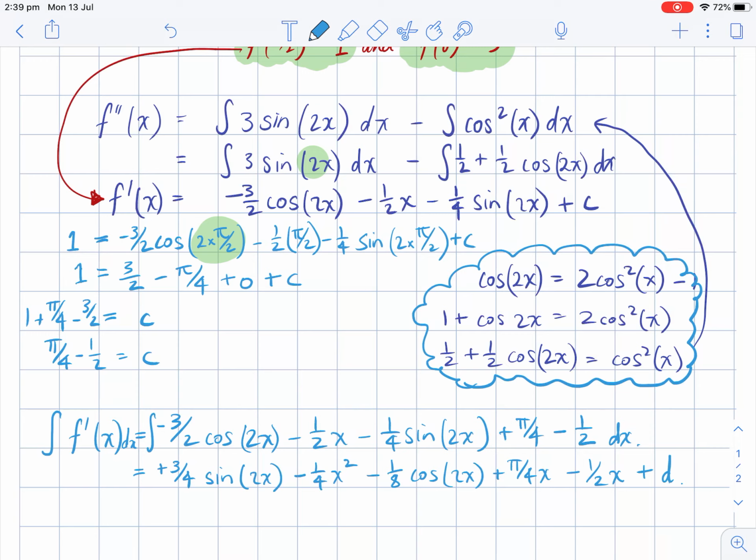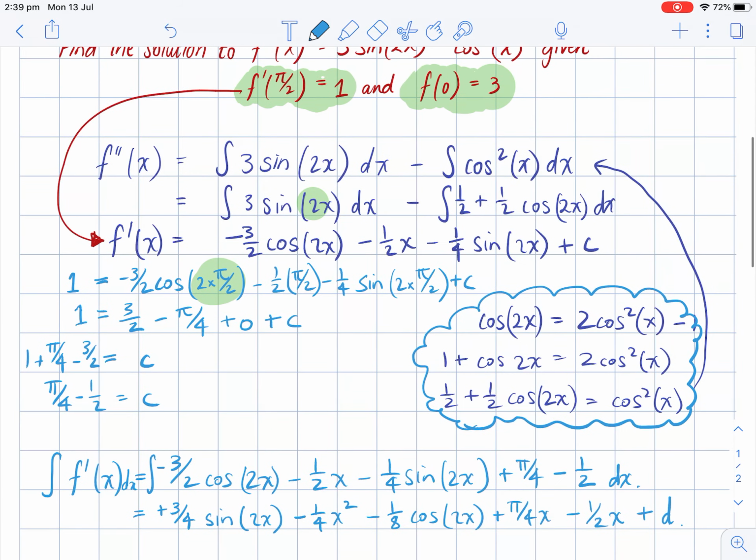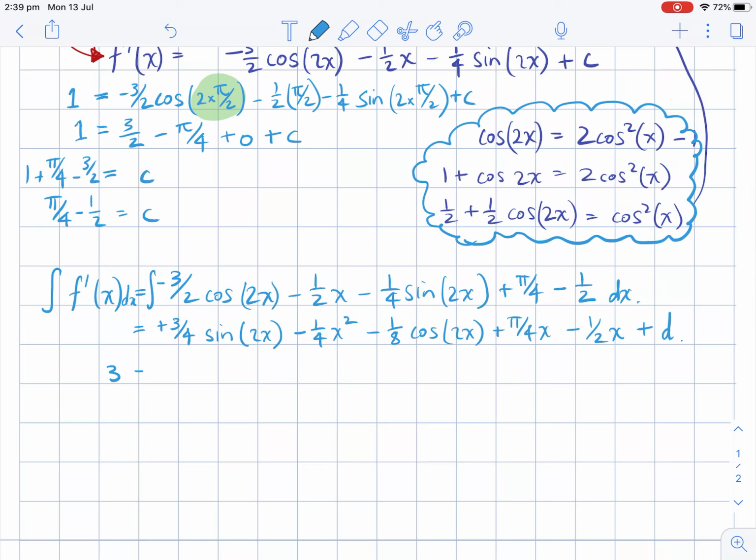Okay, so one very long expression. Now we need to substitute in my next condition, which is when x is 0, the whole thing's equal to 3. So this whole expression is going to be equal to 3 when x is 0. So that looks like this, and it's going to be nice because most things are going to cancel out.